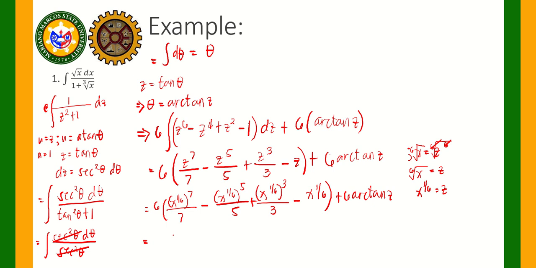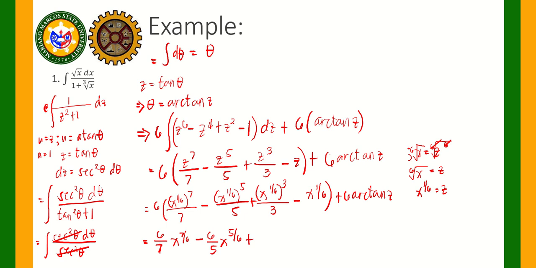So, simplifying further, this is equal to 6 over 7 times x raised to 1 over 6 times 7, that is 7 over 6. And then, minus, distributan natin si 6 for each term. 6 over 5 times x raised to 1 over 6 times 5, that is 5 over 6.